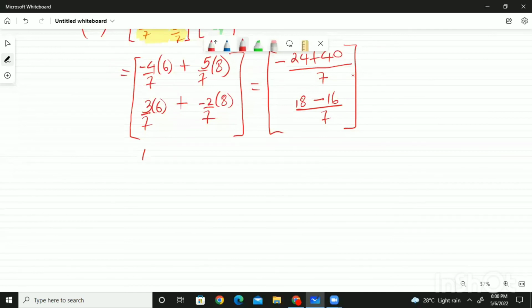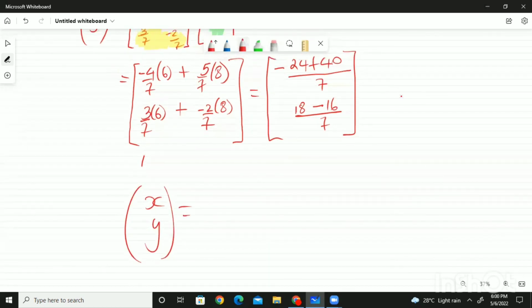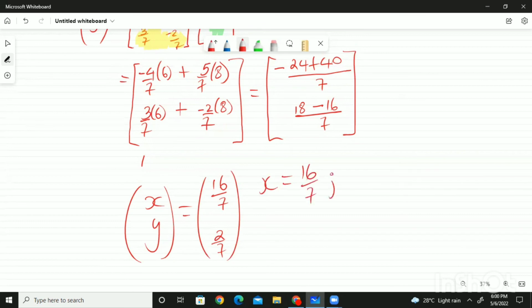Finally, what we have, x, y, is going to equal 16 over 7, 2 over 7, which means x is equal to 16 over 7, and y is equal to 2 over 7.